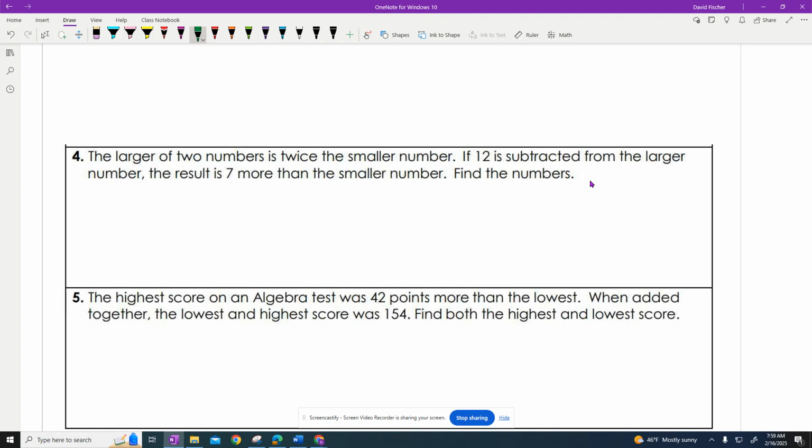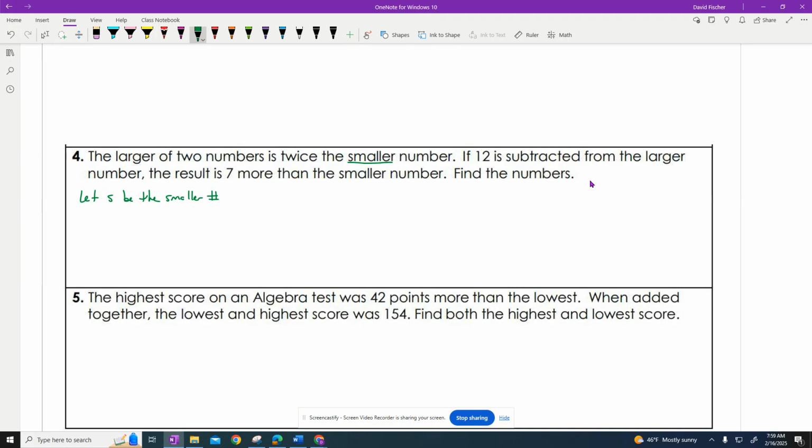The larger of two numbers is twice the smaller number, so we don't know what the smaller number is, so let's go over and do that again. All right, let's see what else here.